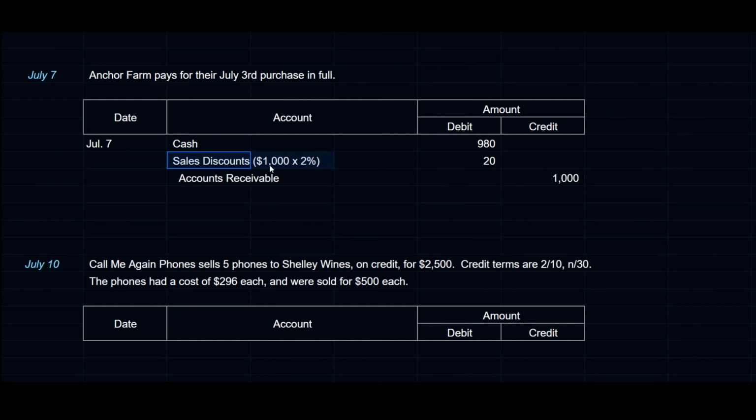And we'll calculate it by taking the amount, $1,000, multiplying it by the discount percentage, which was 2%. That's $20. So the cash received is $980. So just be aware that $980 was received, and that settles the customer's receivable of $1,000, and that is because the customer took advantage of paying within the discount period.